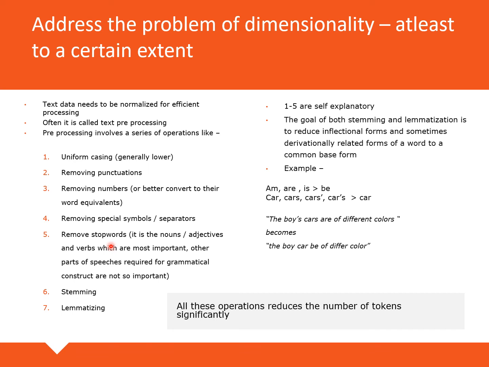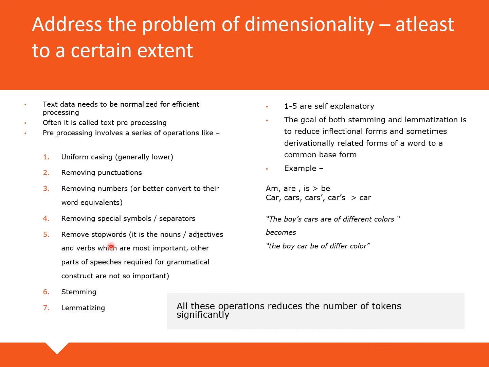Obviously, the sentence will not remain grammatically correct. It will lose some of the aesthetics, but it will not lose the context or the information or the meaning, right? So what we typically do when dealing with text data is remove all the parts of speech or words which are used for grammatical construction of a sentence, apart from the nouns, adjectives and verbs.